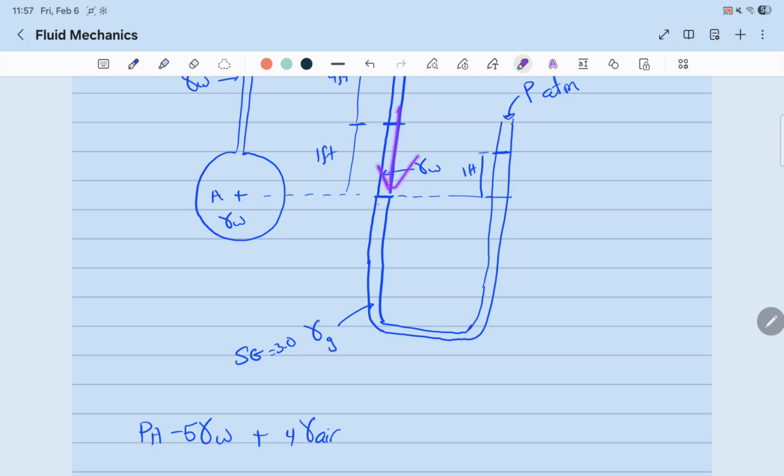When we go down, pressure increases, so it will be a plus. The distance between this point and that point where the fluid changes is 1 foot. So plus 1 times the specific weight of water. Now, the pressure at this point for the unknown fluid is the same as the pressure at that point.